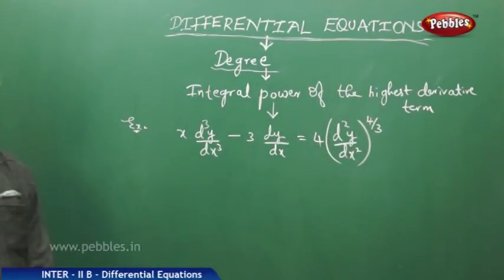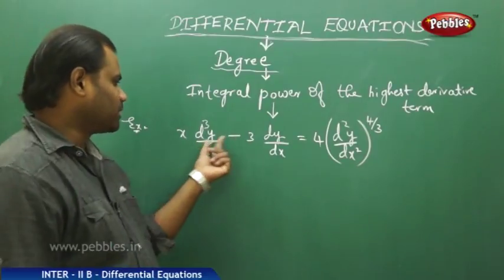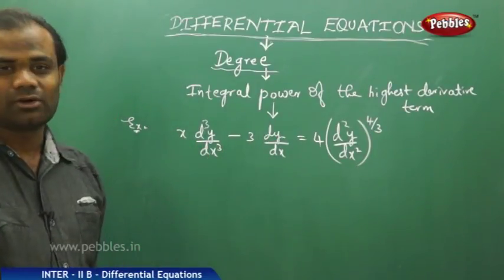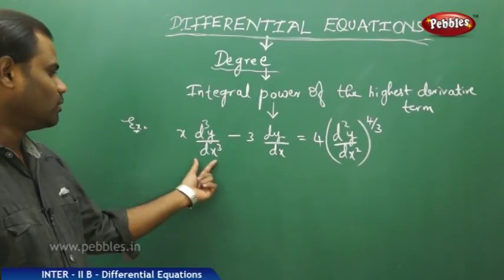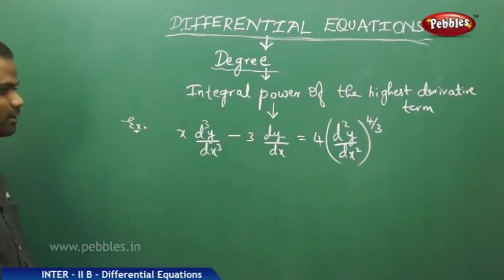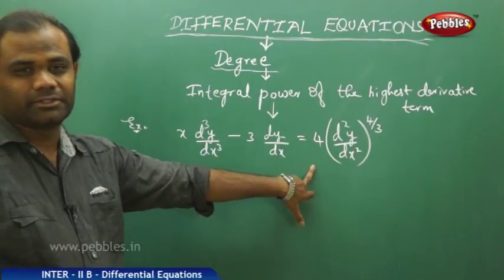So clearly this is a differential equation with dependent variable y and independent variable x, and of course this is an ordinary differential equation involving only one independent variable x. Now let's see what is the degree of this differential equation.